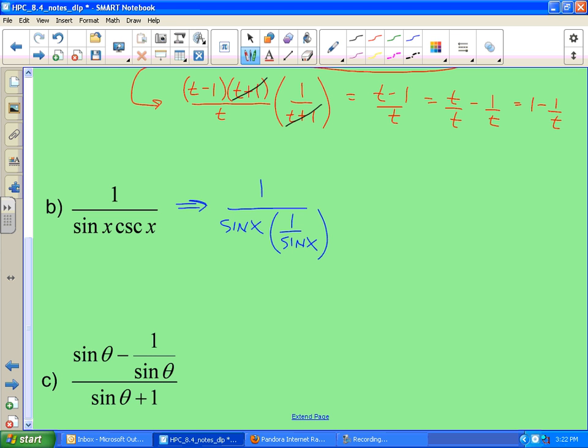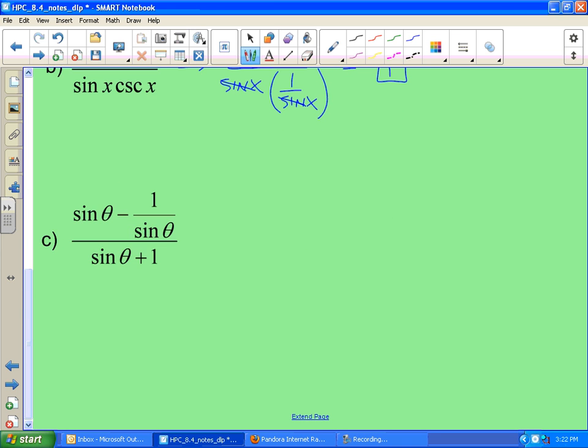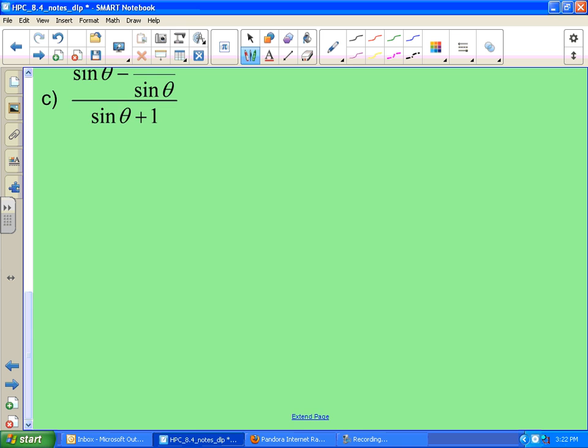Well, look at that. Sine x times 1 over sine x just simply means I get a 1 down there. And so that whole thing simplifies to just becoming 1. That's a pretty straightforward expression that we can simplify, but they get a little more complicated. So let's see how this next one's going to look.